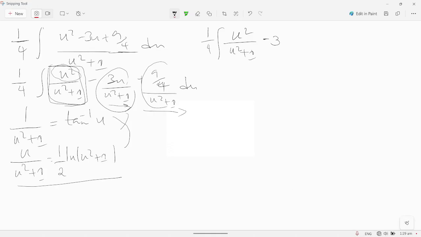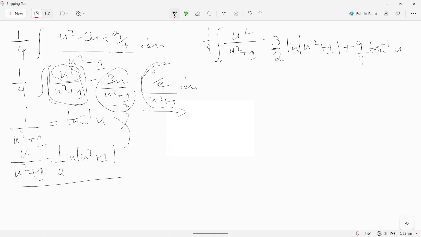So we can just simply replace it by negative 3 over 2, then we say ln, natural log, u squared plus 1. And for this other part, for 9 over 4, it's just simply 9 over 4 tan inverse of u. Now we have remained with this part.